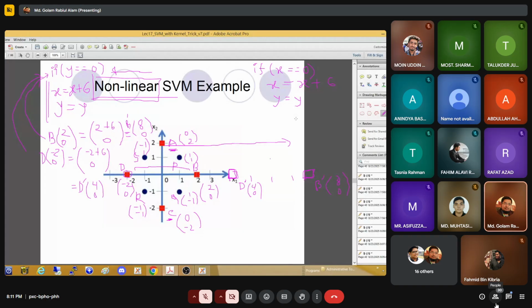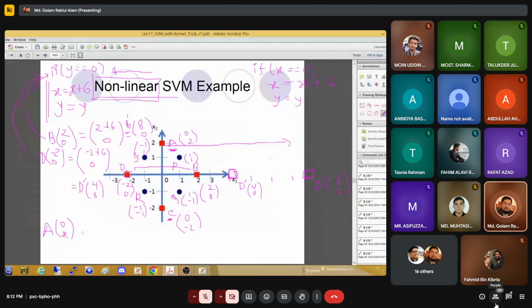Okay, so in such a case, what will be the value of A? The value of A originally is 0, 2.